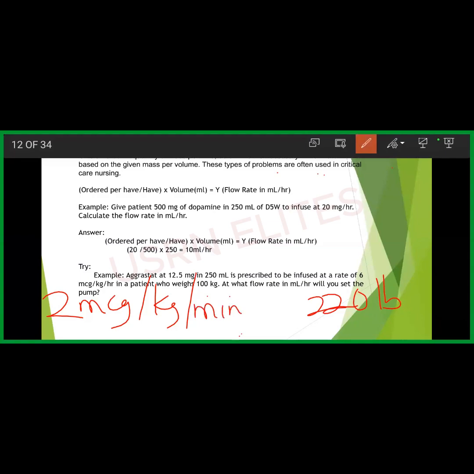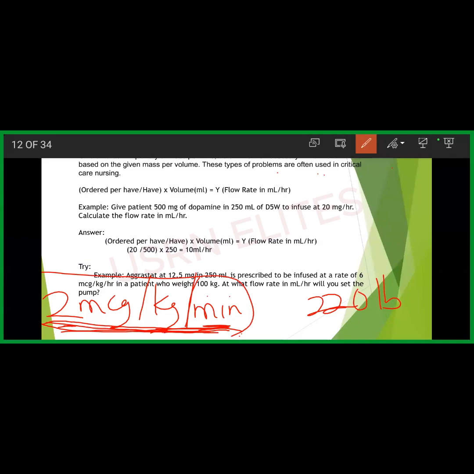Okay, so understand it. Let me explain this one to you. Pick me word for word and you will understand. What this prescription means is that you should give 2 microgram per kilogram of the weight for every minute. That's what prescriptions like this mean.